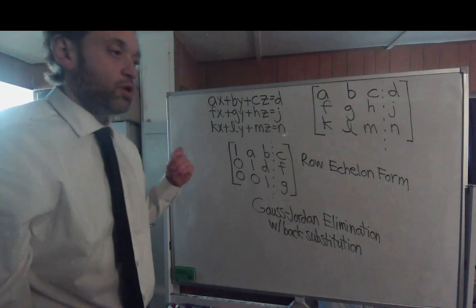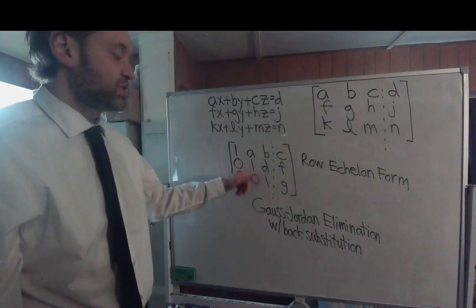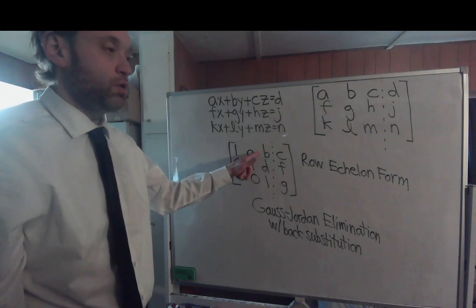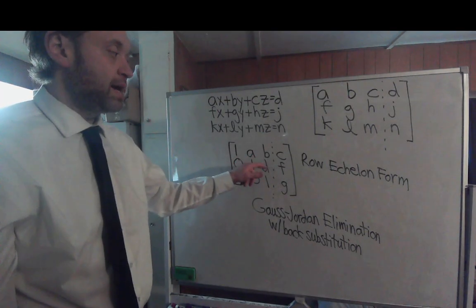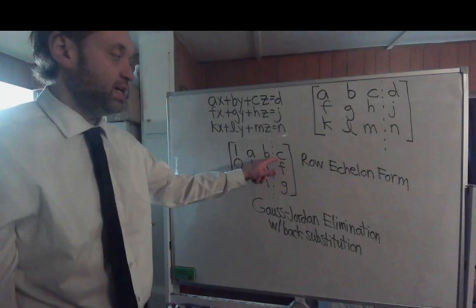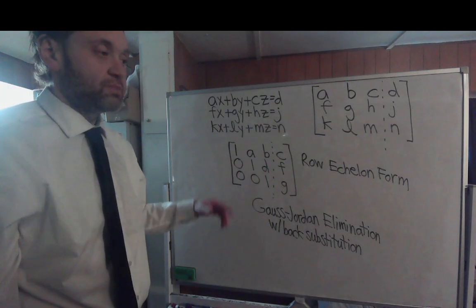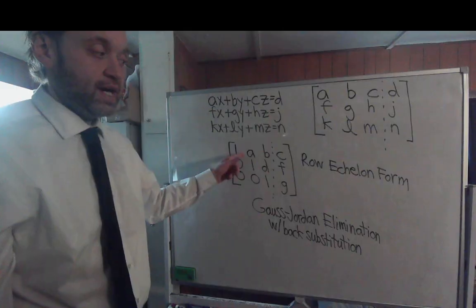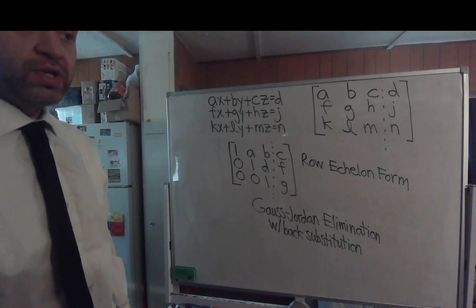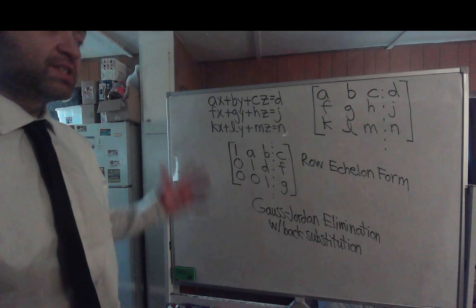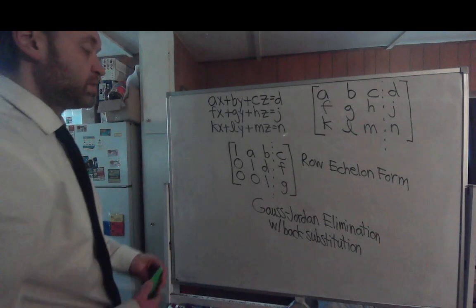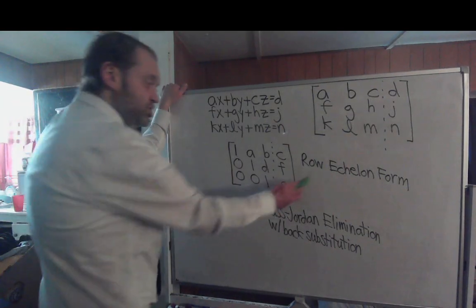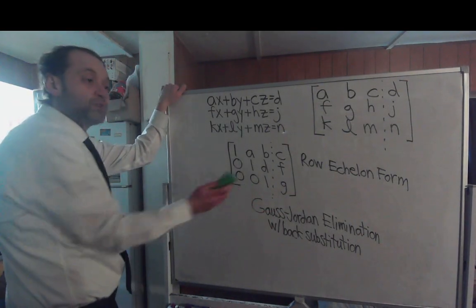Now that you know both y and z, you'll substitute those into the top row, which would really stand for 1x plus ay plus bz equals c. You would substitute both of those in and solve for x. And then the goal is you'll get an ordered triple. That's the solution to the system. So that's how you do row echelon form for a 3x3 system.